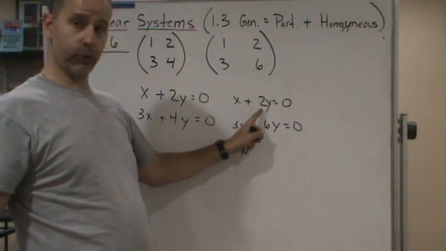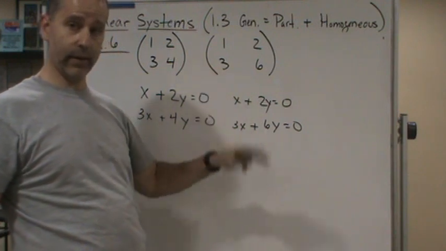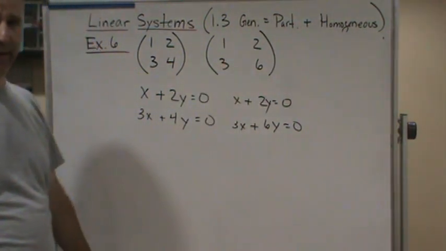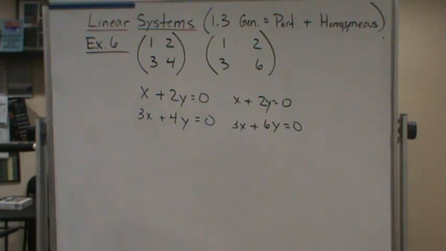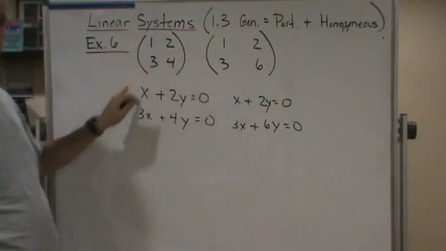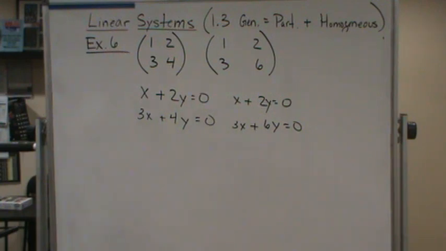And so we're going to have a free variable in the y. So y can be whatever you want, and that's going to determine x. That's going to give us an infinite number of solutions, where here, we're going to end up with a unique solution with the non-singular matrix.